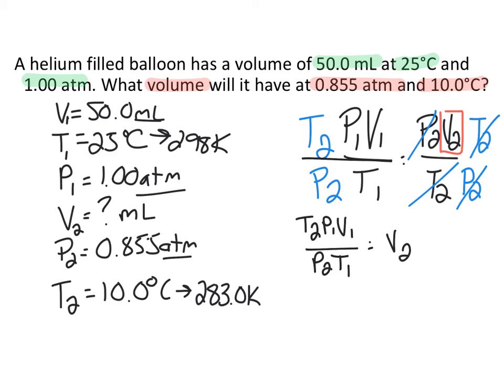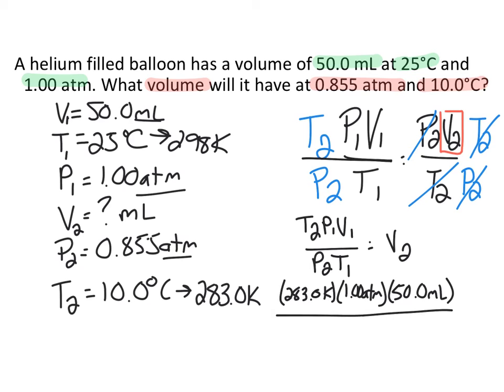So now I just need to plug my numbers in and solve. So T2 is 283.0 Kelvin. P1 is 1.00 atmospheres. V1 is 50.0 milliliters, and that's all over P2, which is 0.855 atmospheres, and T1, which is 298 Kelvin. All of that will equal V2.